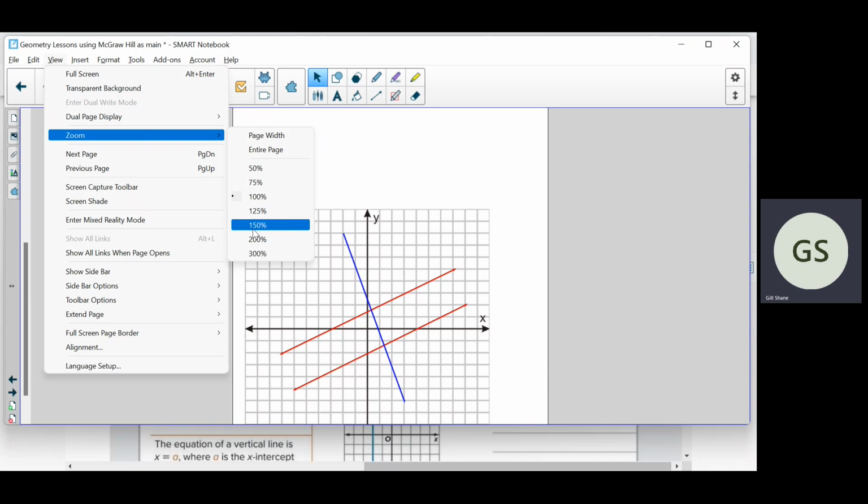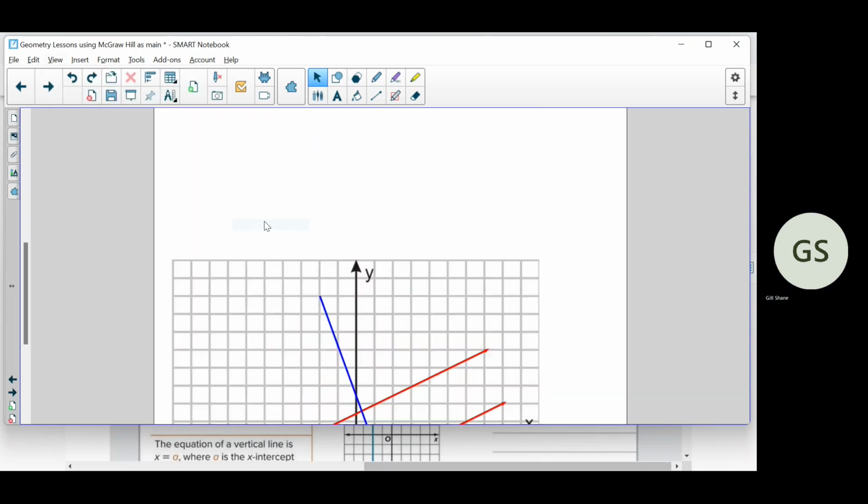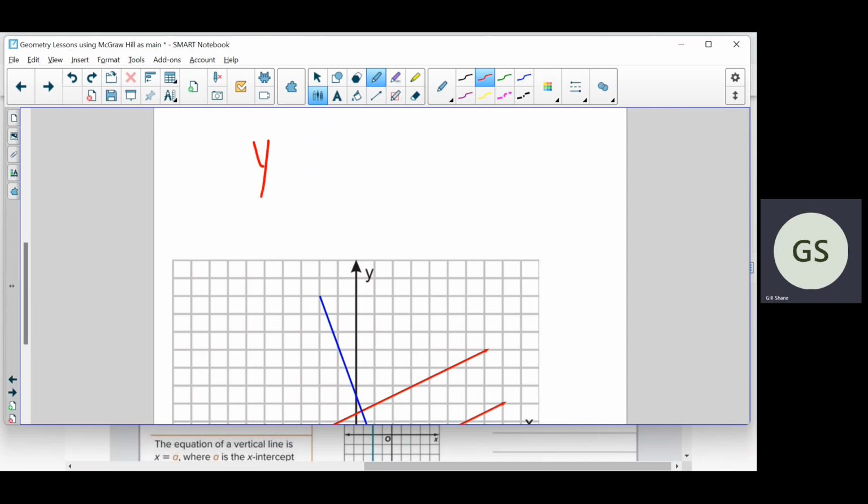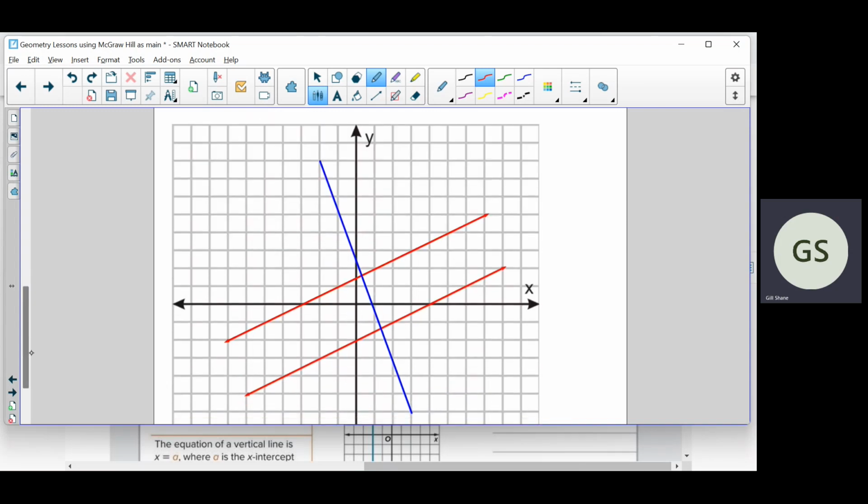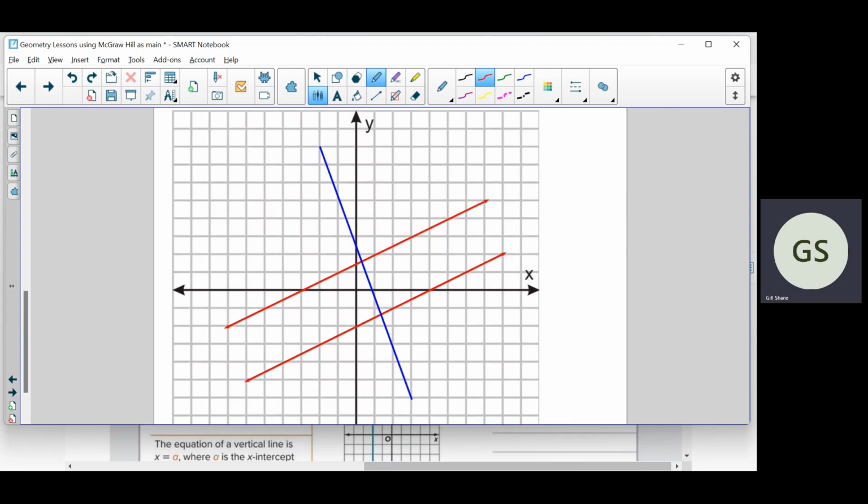Slope intercept form is the y equals mx plus b. That's where we would say, well, the slope we already know was 1/2. So this is slope intercept form. I'm going to put the bottom red line in slope intercept form.